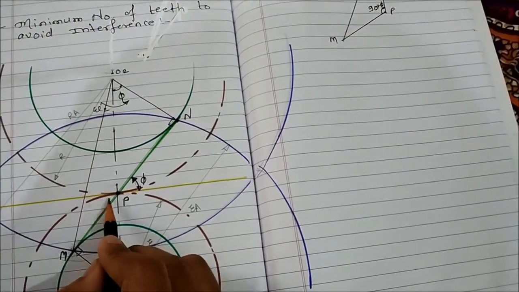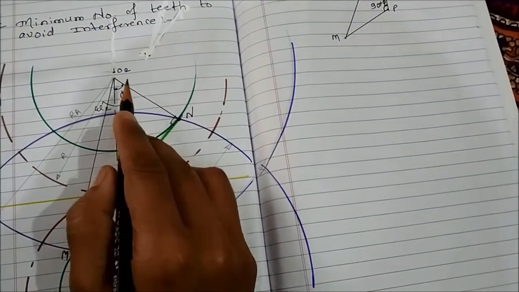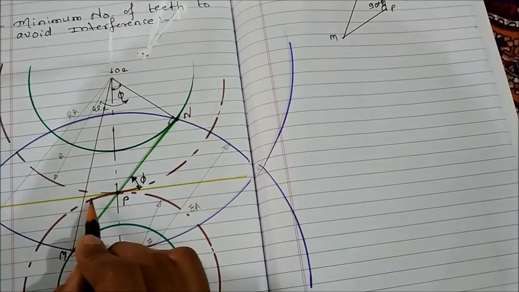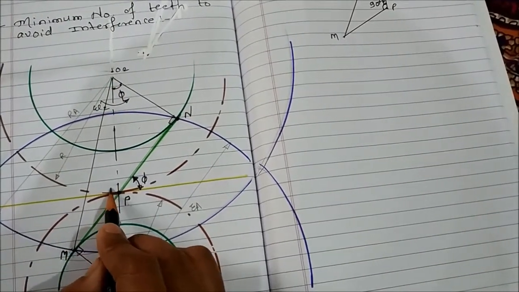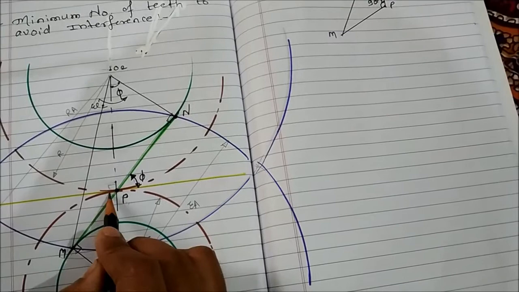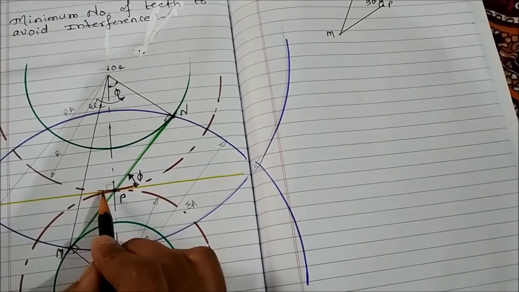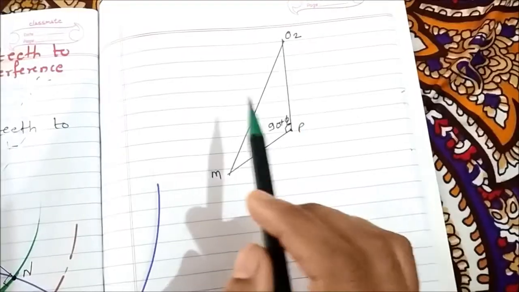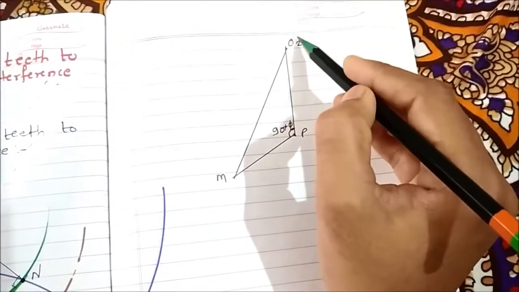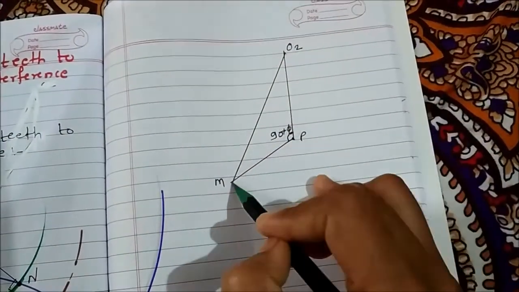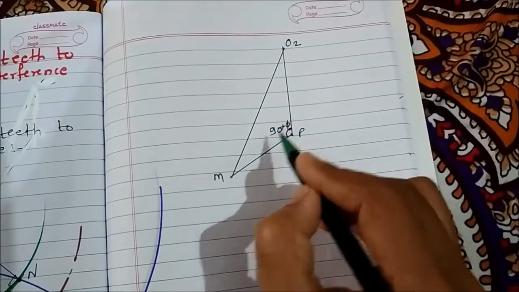Now see this triangle carefully. The angle between O2P and the common tangent is 90 degrees, and phi is the angle between the common tangent and the common normal. So this angle becomes 90 plus phi. Here we reconstruct this triangle O2PM. This angle is 90 plus phi.